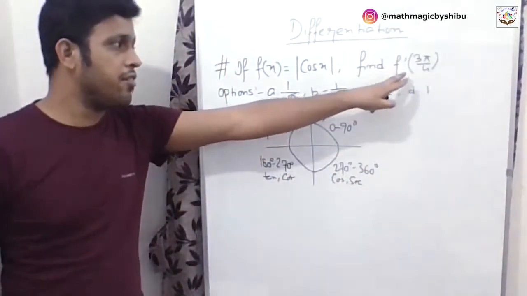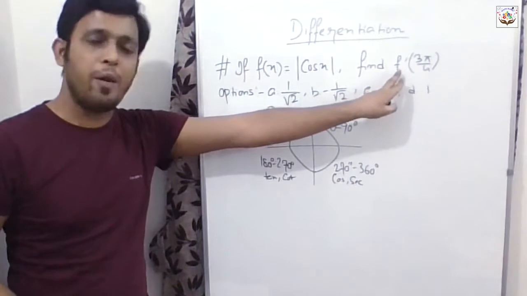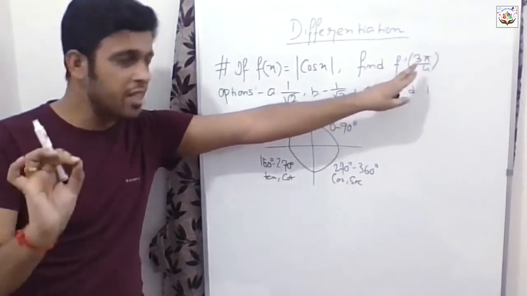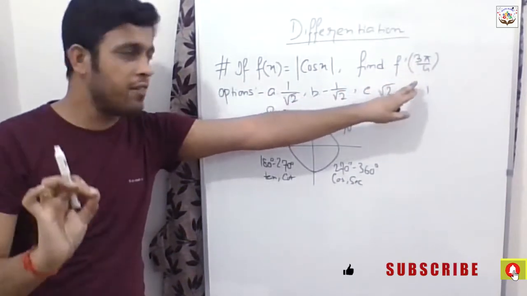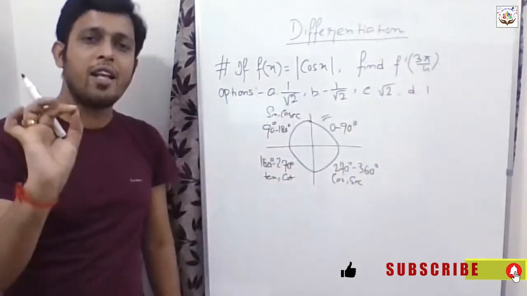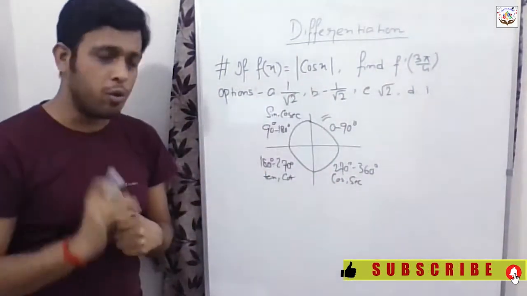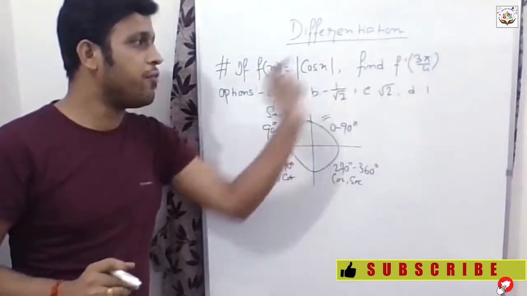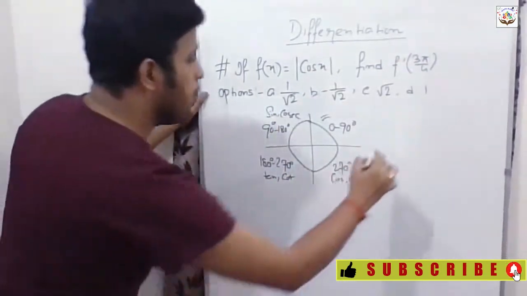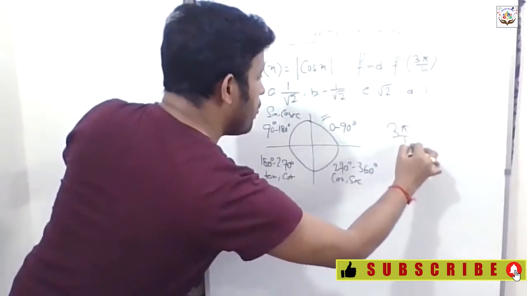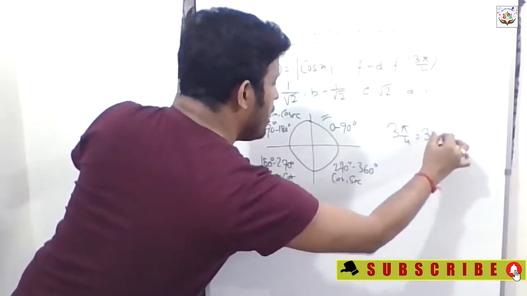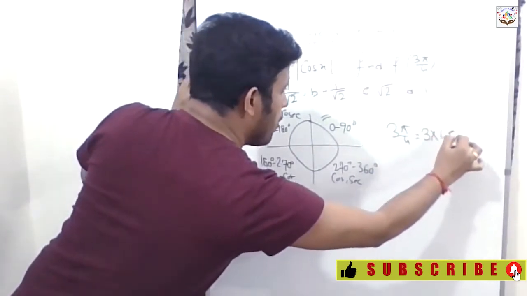So we are given that we need to find the value of f dash x where x equals 3 pi by 4. Let me tell you, 3 pi by 4 means 135 degree, because 3 pi by 4 equals 3 into pi by 4, which is 3 into 45 degree.